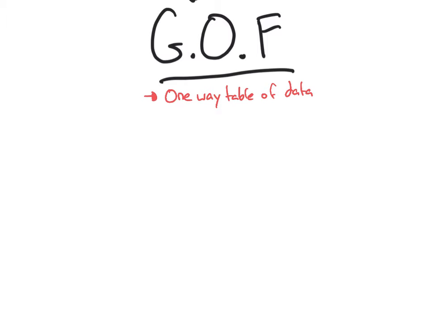And what you're really always trying to do is figure out my observed values versus my expected values. Observed values versus expected values. It's literally all we're doing, but it comes from a one-way table format.